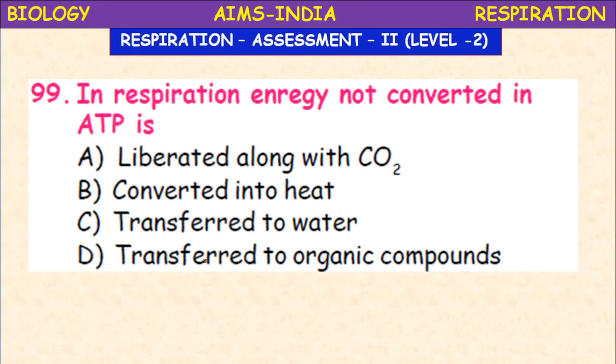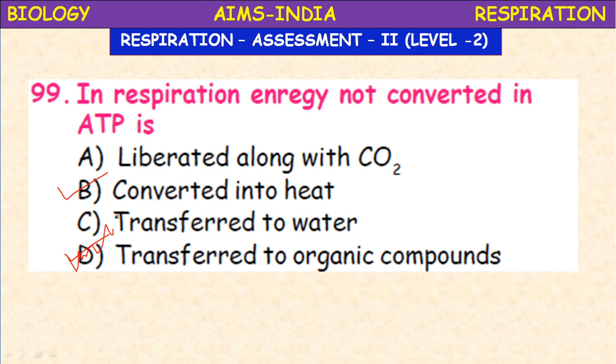Next, in respiration, the energy not converted into ATP is liberated along with carbon dioxide, converted into heat, transferred to water, or transferred to organic compounds. So during respiration, some amount of energy is produced in the form of heat.